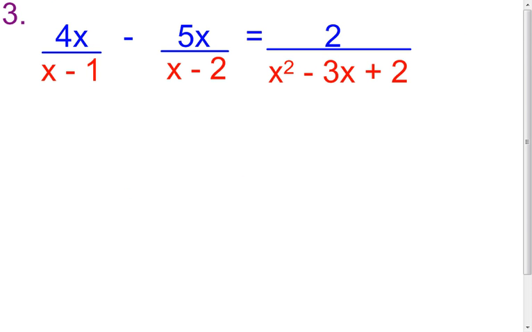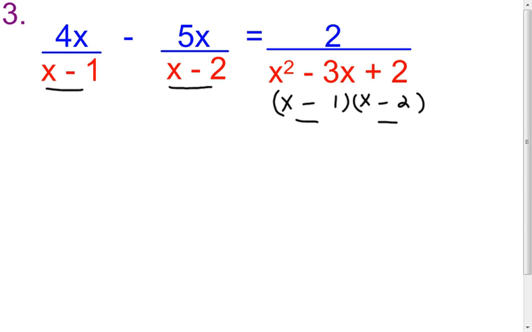All right, so this one's a little trickier. We have to think about factoring this a little bit before we can do some common denominators. So this term right here factors as x and x, 1 and 2, minus and minus. So if I look at all the different denominators, I have an x minus 1, I have an x minus 2, and of course this one has both an x minus 1 and an x minus 2.